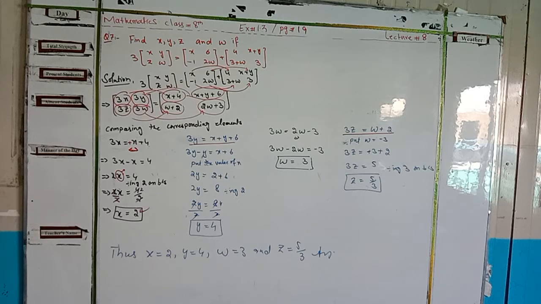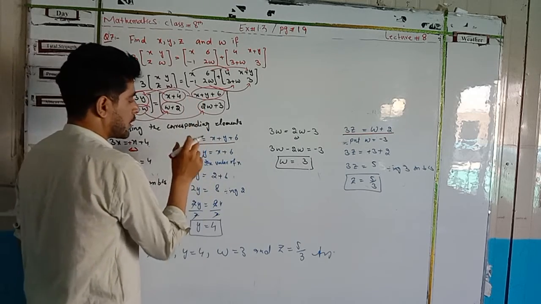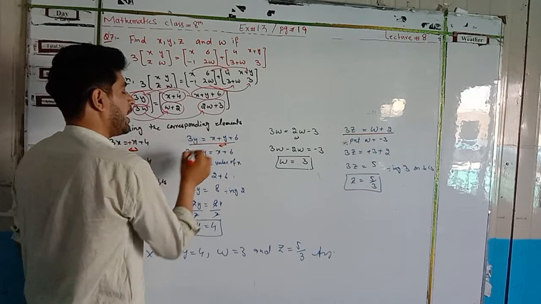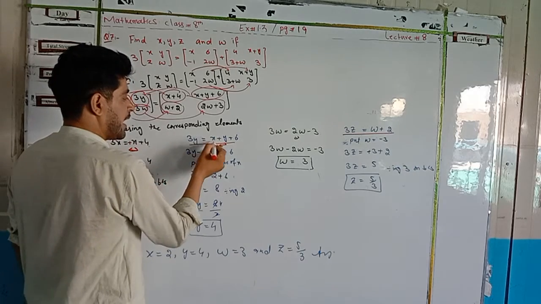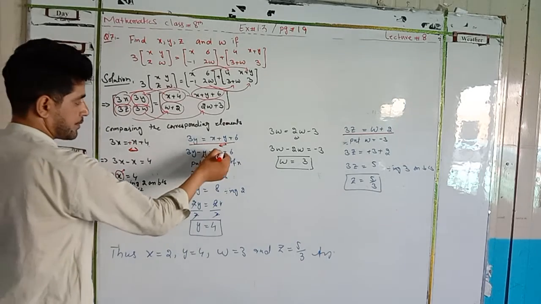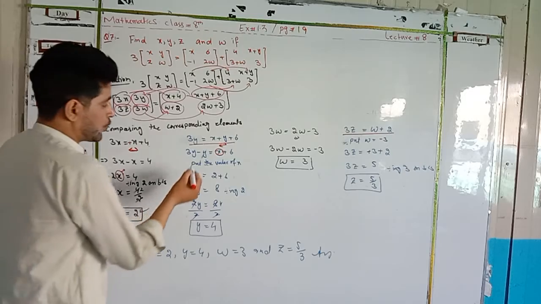Now we find y. Second element equal to second: 3y equals x plus y plus 6. Shift y to the other side, 3y minus y equals x plus 6. Now we put the value of x, which is 2.